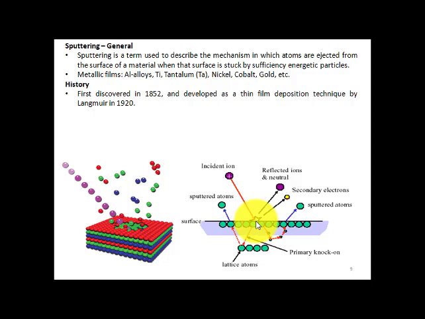For example, in the first consequence, the incident ion after striking the surface can go back as such, just like it has struck the surface, and we will get a reflected ion. Another result can be that a secondary electron is produced, and the atom can absorb the secondary electron and reflect it back as a neutral atom.